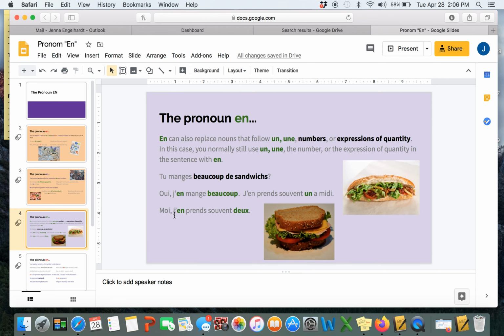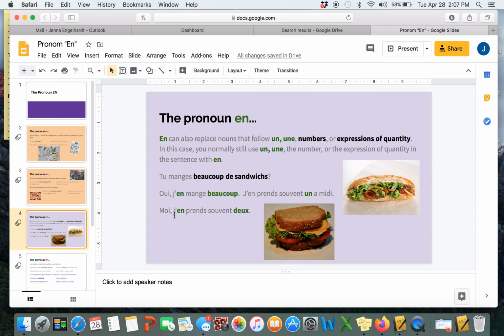Then here, en can also replace nouns that follow un, une, numbers or expressions of quantity. So in the past, some of you have asked, okay, so we know what to do with the direct object, with le, la, les. What do we do with un, une, and des? This is your answer. So en can replace un, une, des, du, de la, any of those things, numbers or expressions of quantity.